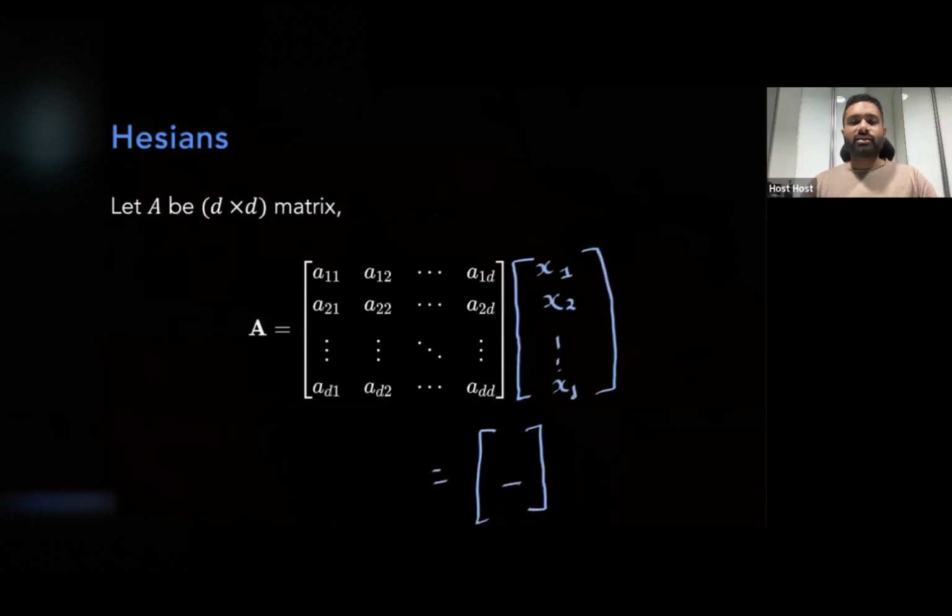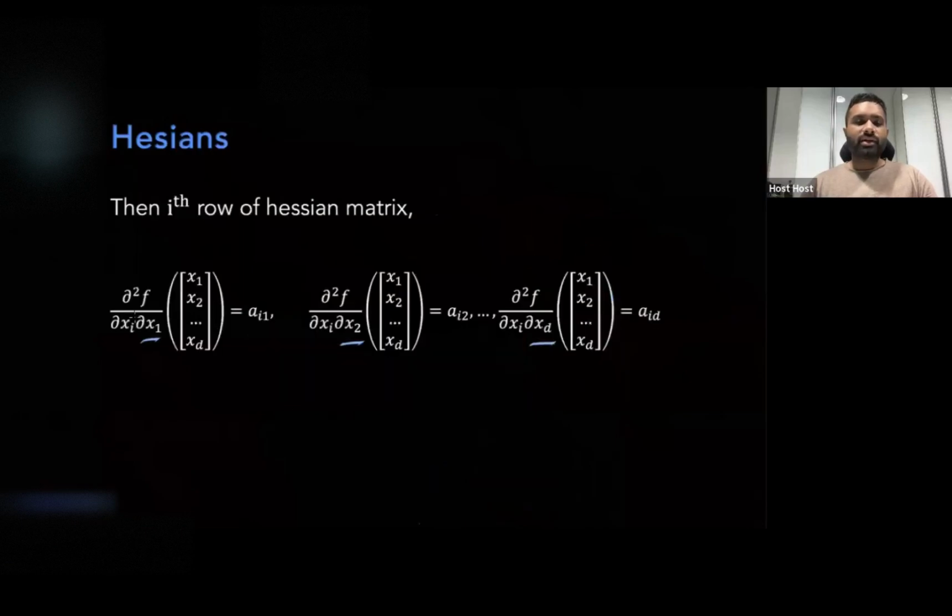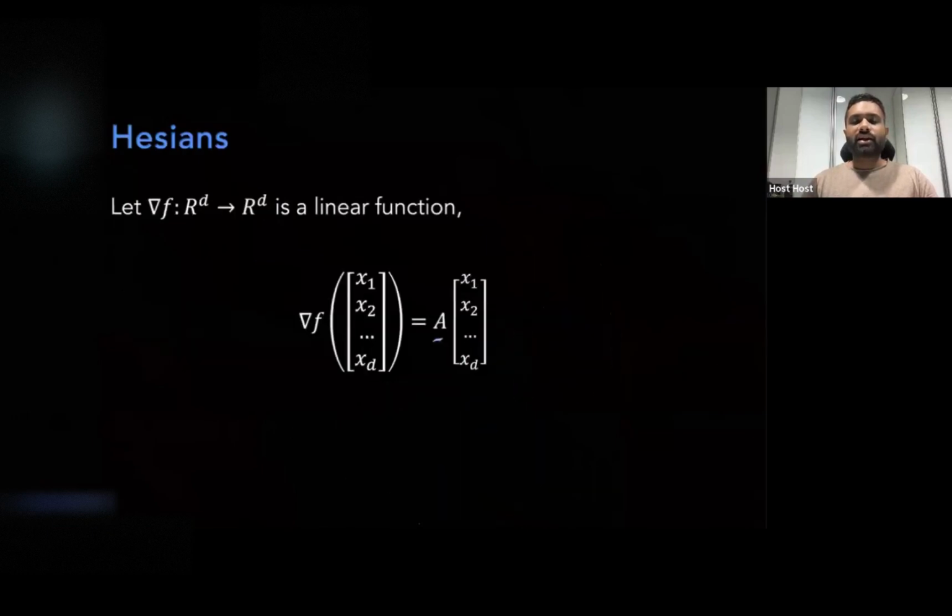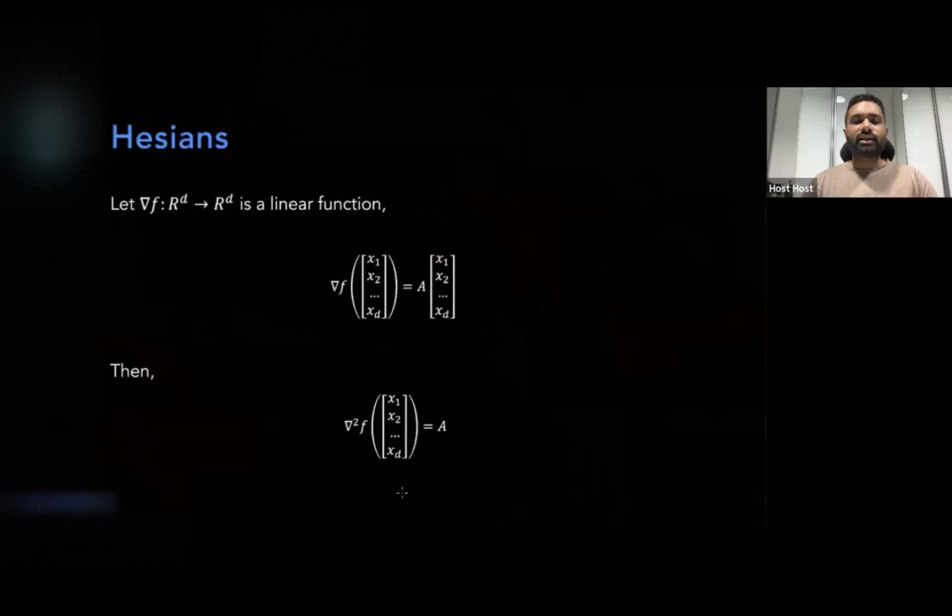As I have already mentioned, each of these double derivatives, del square f by del xi del x1, del square f by del xi del x2, all of them will yield the individual entry in the matrix A only. So del square f by del xi del x1 will yield ai1. So the Hessian matrix, if I try to form it, grad square f will become the same matrix A. Any doubt till now?